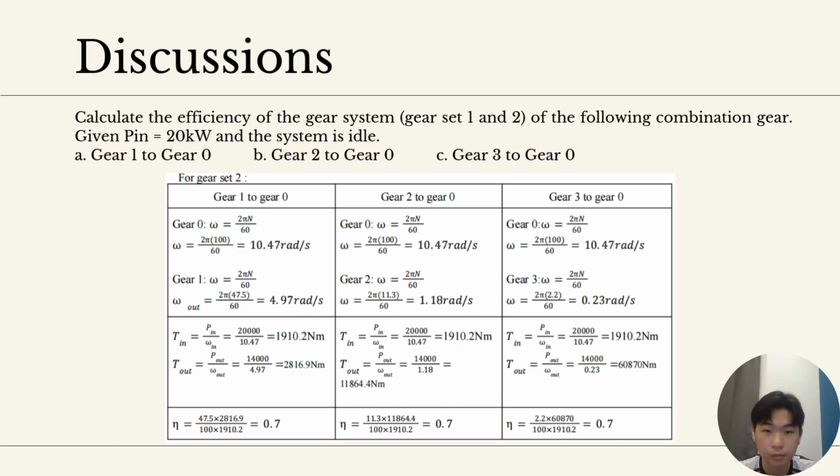For gear 2 to gear 0 and gear 3 to gear 0, we also do the same steps and we get the same efficiency of 0.7.